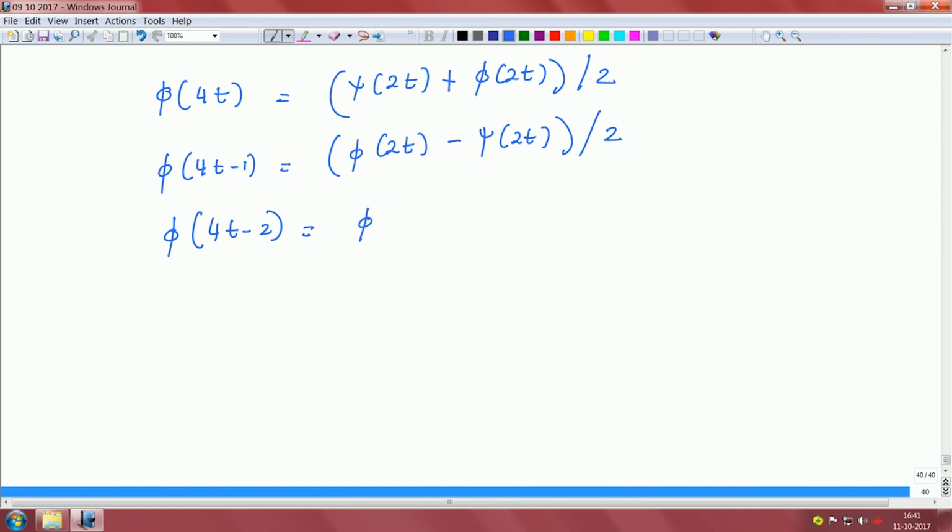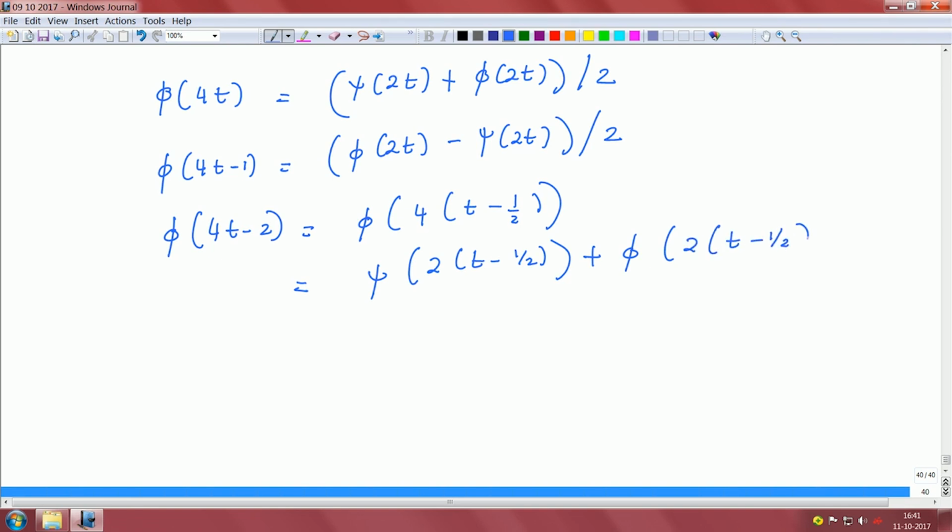This is phi of 4 into (t minus half). So, now this is basically (psi of 2 into (t minus half) plus phi of 2 into (t minus half)) upon 2. Because once you realize what phi of t is, you can sketch what phi of t minus half is and so on, and then you can just get the rest.